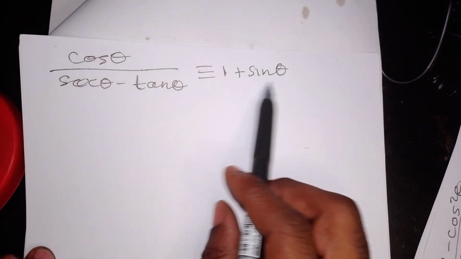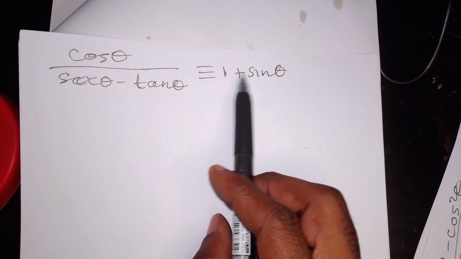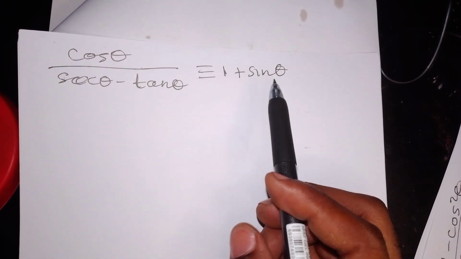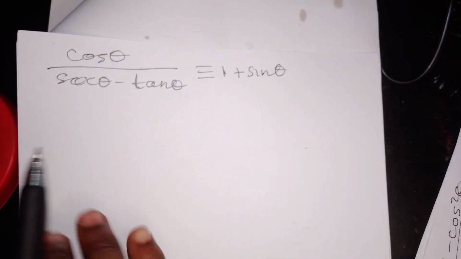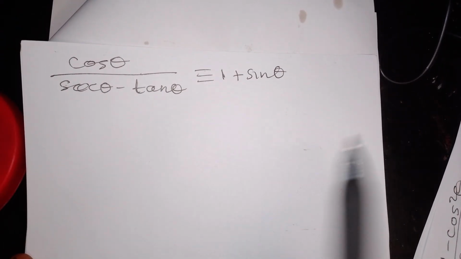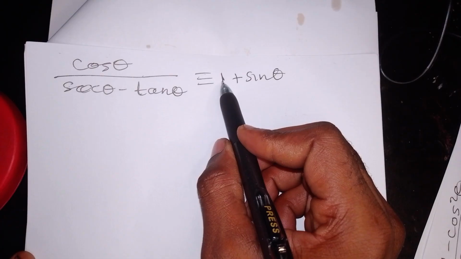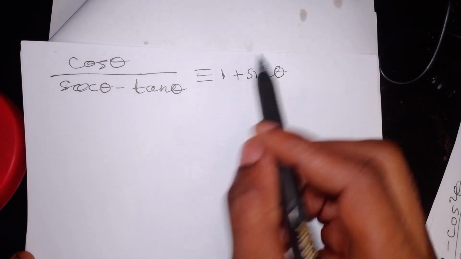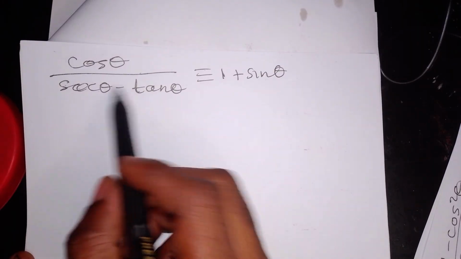Yes, you can find a way of messing around with whatever you have on this side to obtain this, but you would only be giving yourself extra work. So we just want 1 plus sine theta. So that means you have to get rid of the denominator.